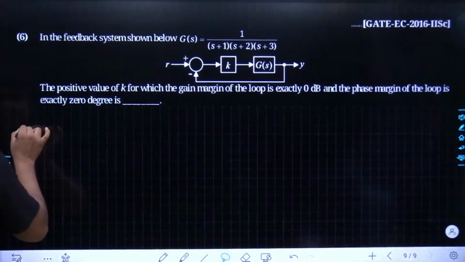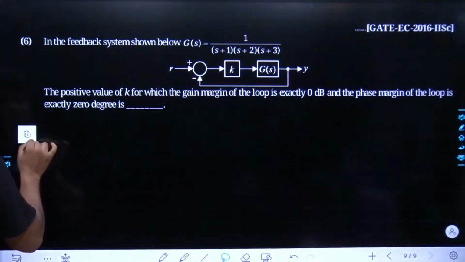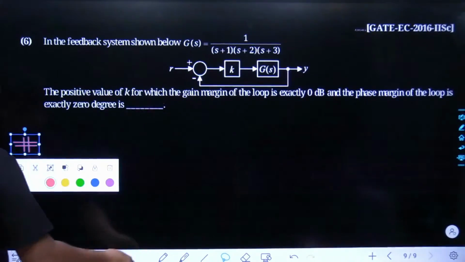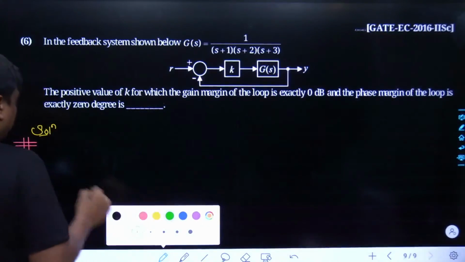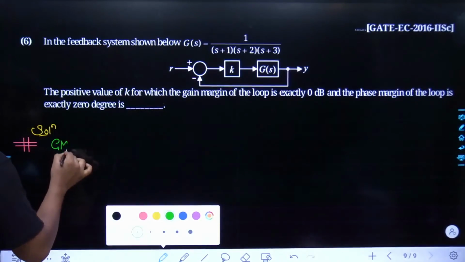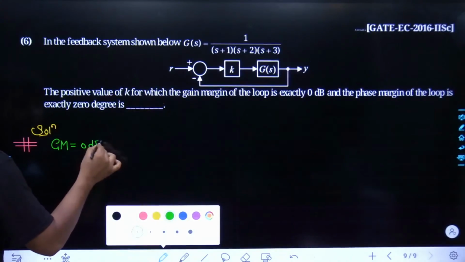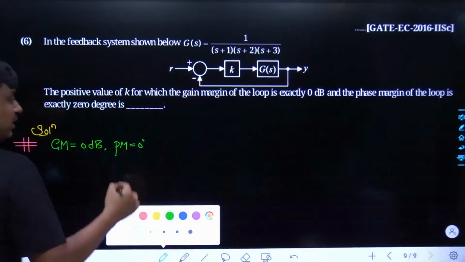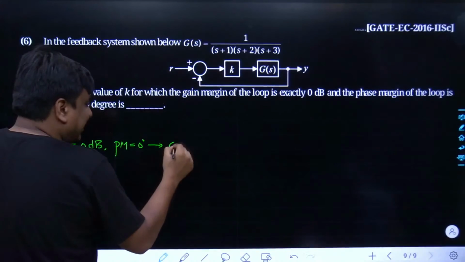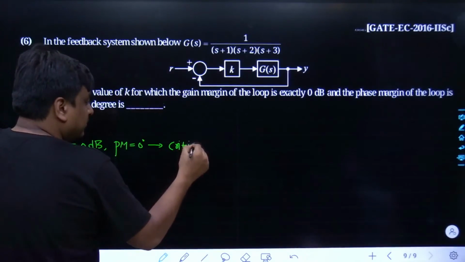It is not that difficult a question. If you really understand the crux behind this problem, you would be able to manage it very well. In this problem, they are talking about the gain margin being 0 dB and the phase margin being 0 degrees. That means the system is a critically stable system.